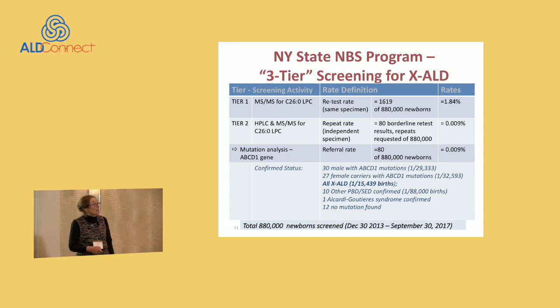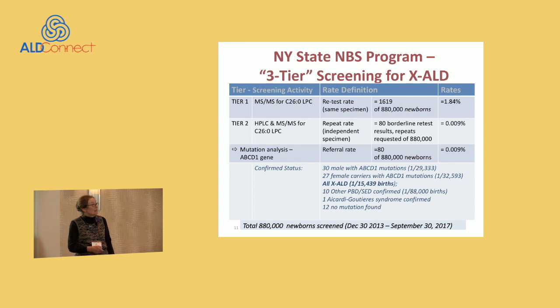Their first tier is the fast, about a minute test. High throughput, it's called. That's their first tier, and they screen for ALD, and they combine it with a screen for other lysosomal disorders, including Krabbe disease. And their positive for ALD is about 1.8%.